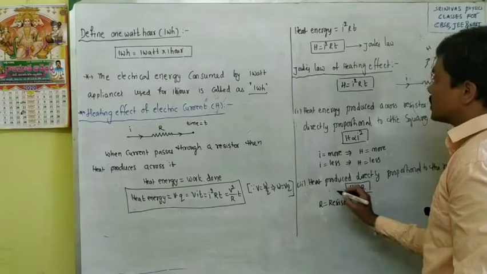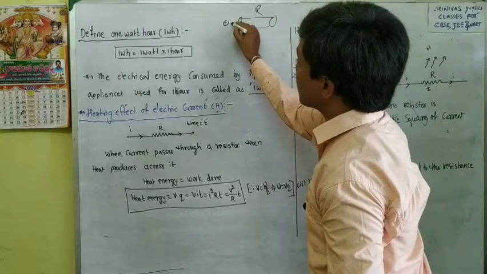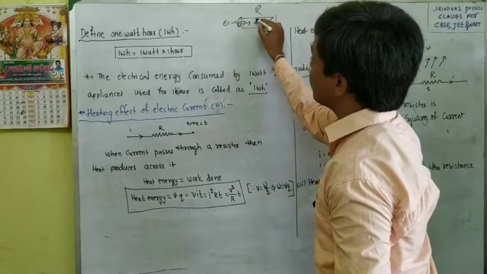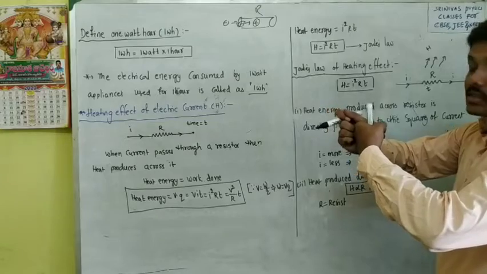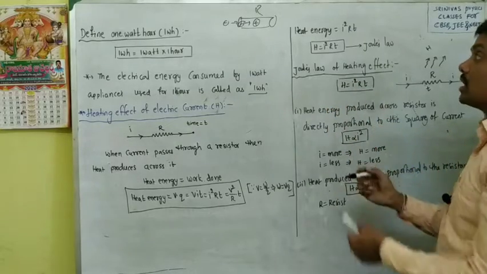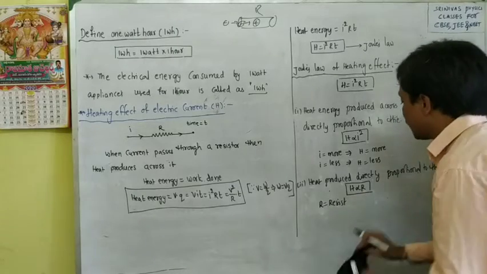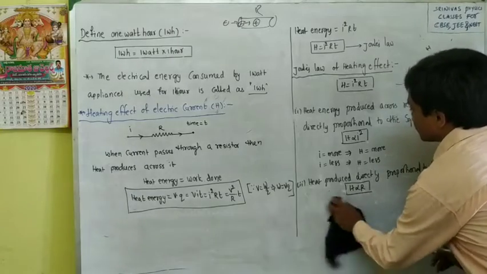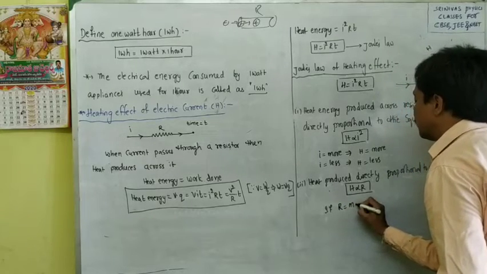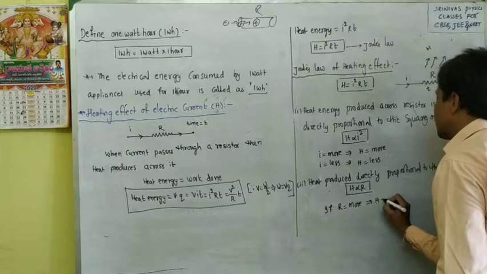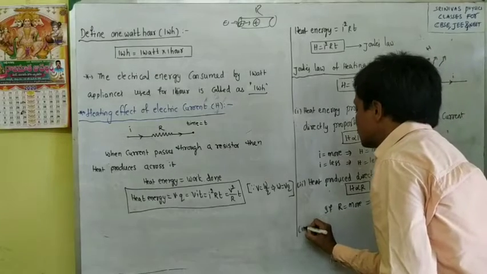For example, when electrons are passing through a resistor, they will collide with some ions. Due to the collision, some kinetic energy is lost and appears in the form of heat. If R is more, then H is more. If R is less, then H is also less.